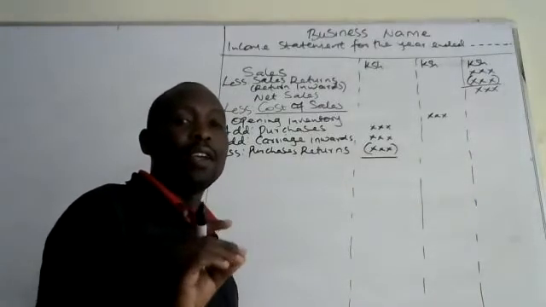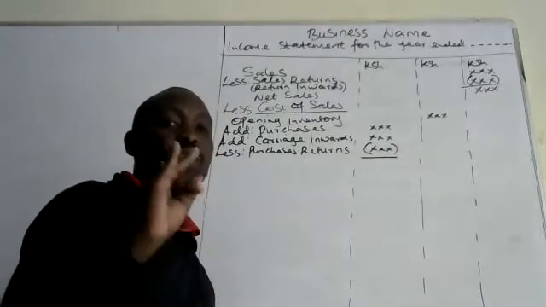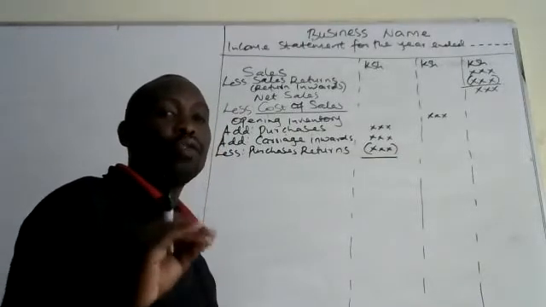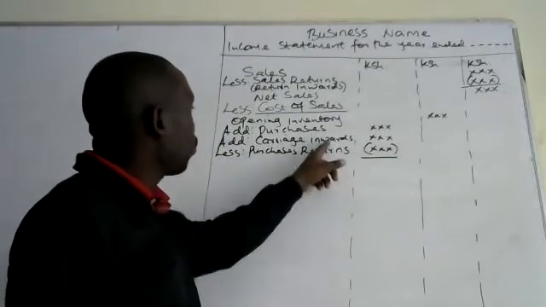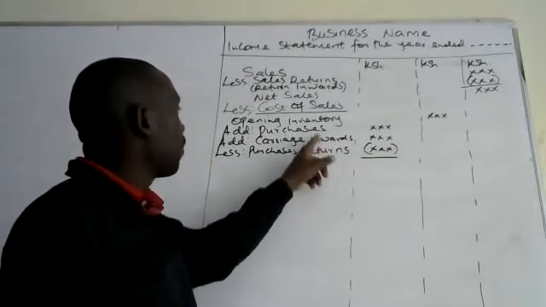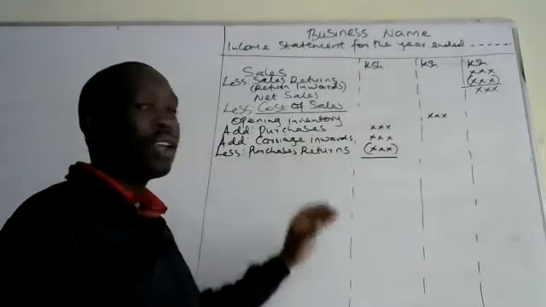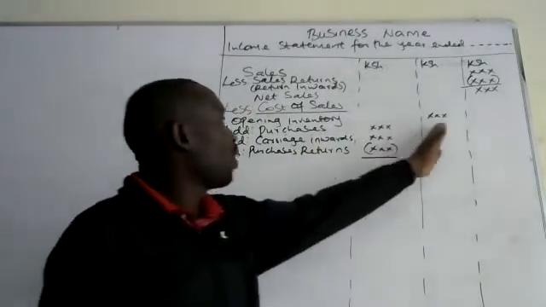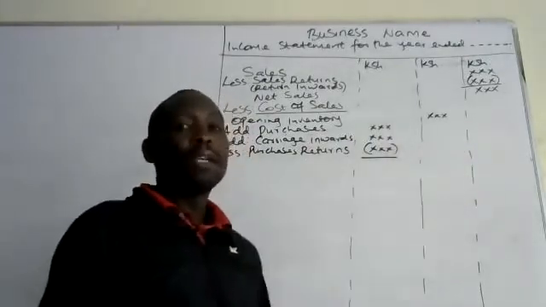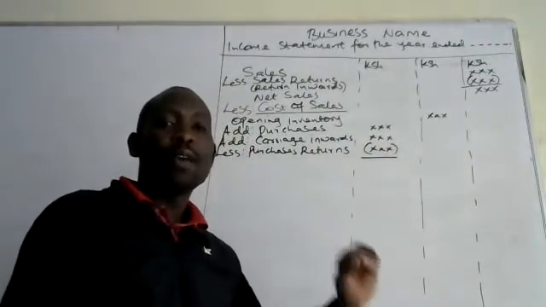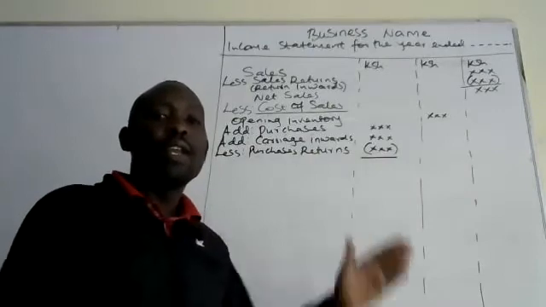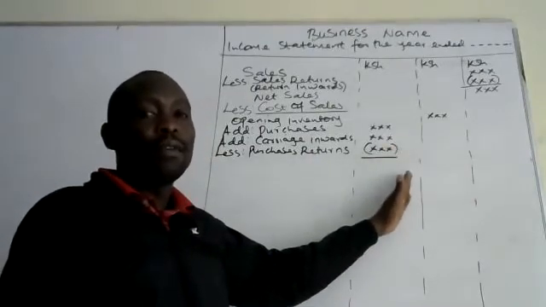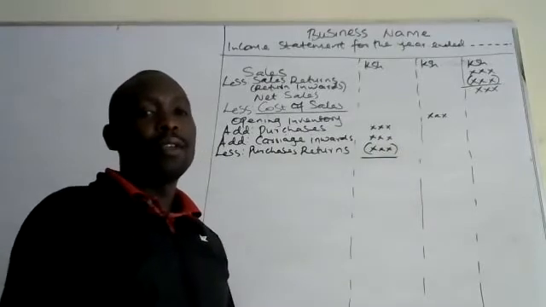That's why I said in this question, you can work with 2 or 3 columns. 2 columns are going to be applicable if none of this is given, carriage inwards and purchases returns. If the question does not have them, then we can simply work with the 2 columns. But if purchases requires adjustment, then we need an extra 3rd column for that particular adjustment.